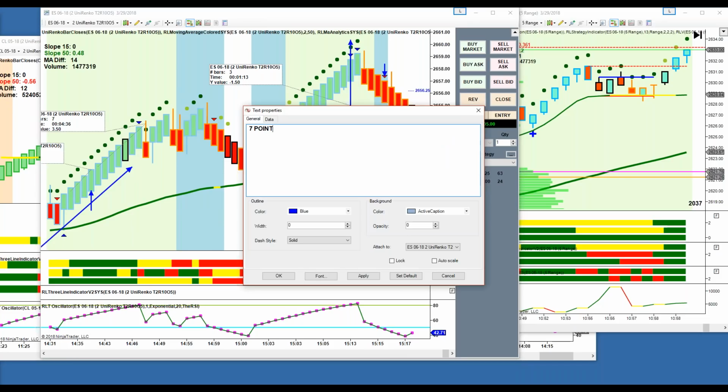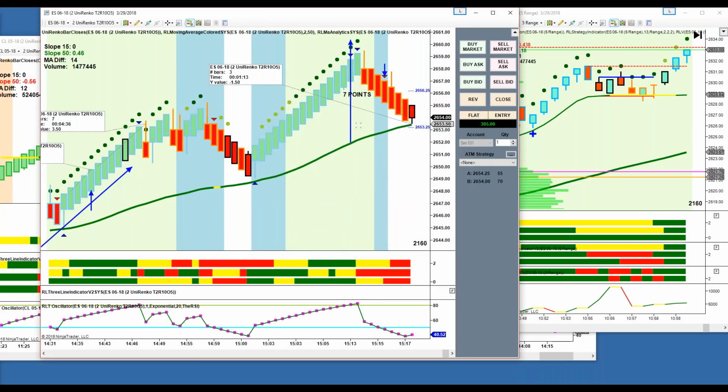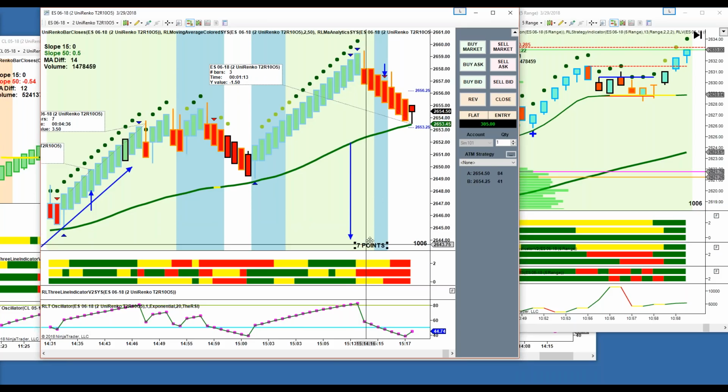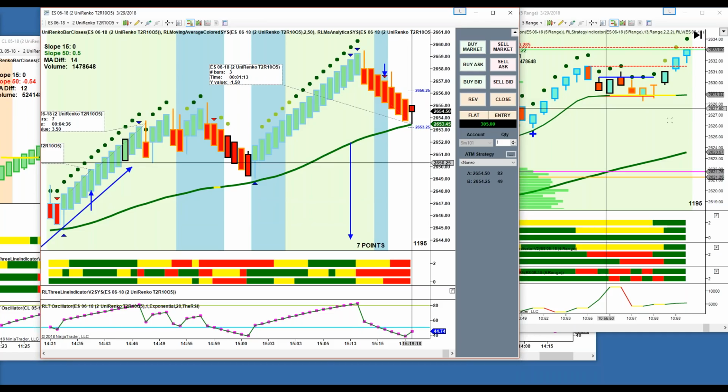If the market has moved more than 7 points off the 50, it's overbought, and your anticipation is not for any more long trades. If it's moved more than 7 points down off the 50, you can't take any more short trades, because the market's oversold.